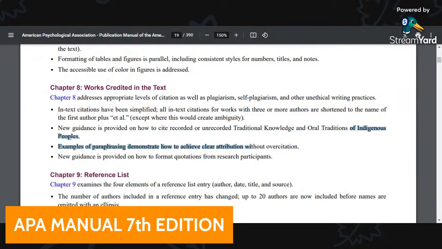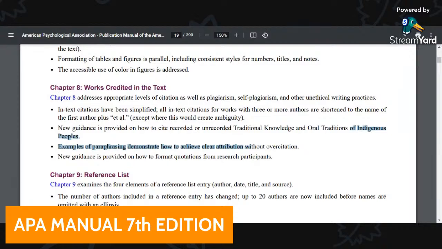For example, in our country, India, if we want to use some quotation of some famous rishis or great personalities, or in Africa, someone wants to use it, they have to follow these guidelines to cite their work, quotation, or contribution accordingly.